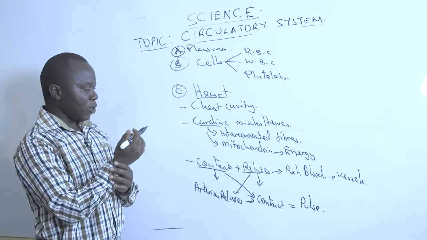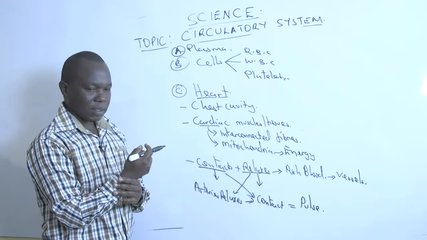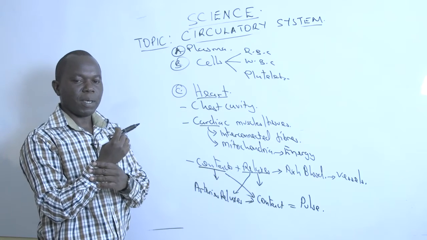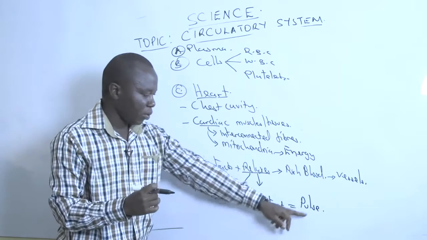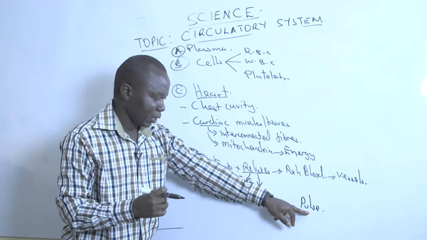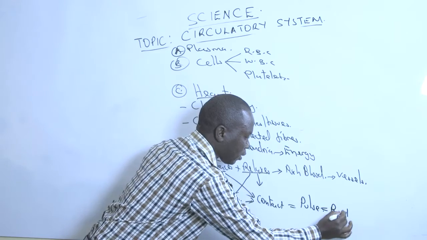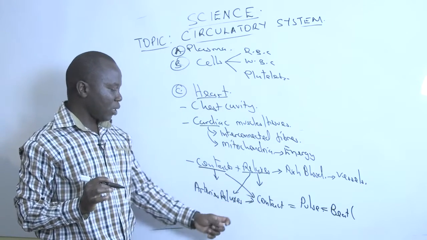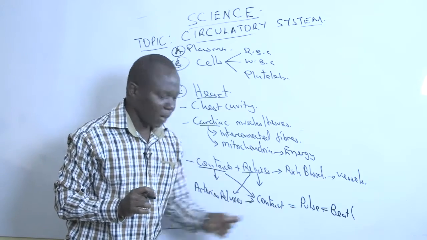That's why when you hold a large vein or a large artery, you will be able to feel it pumping up and down. That up and down, we call one pulse or one beat. That's why we have the heartbeat. One contraction and one relaxation forms one beat or one pulse.